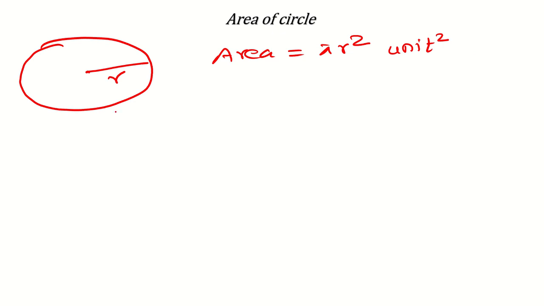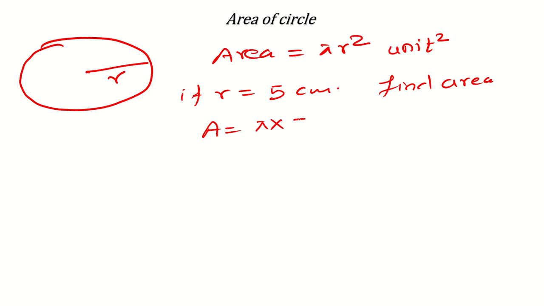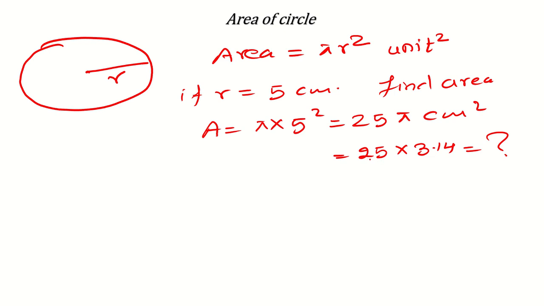Now direct question can be, if radius is equal to 5 centimeter, then find area. And how you will find? Area is equal to pi r square, and 5 square means 25, so it can be 25 pi centimeter square.